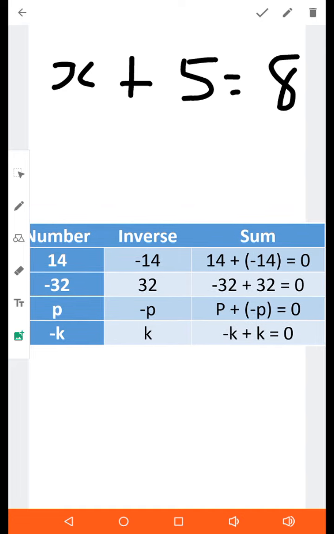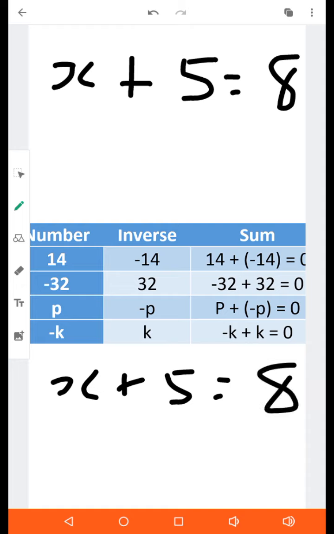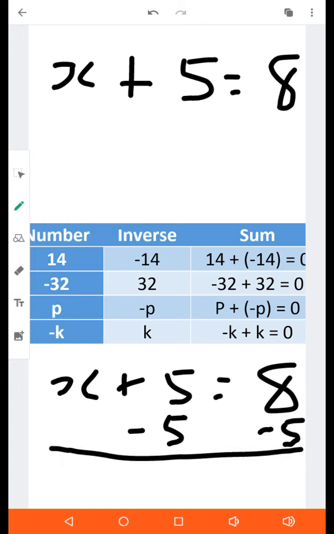We have x plus 5 is equal to 8. We are going to add the inverse of 5, which is negative 5, to both sides of the equal sign. So this gives x is equal to 3.